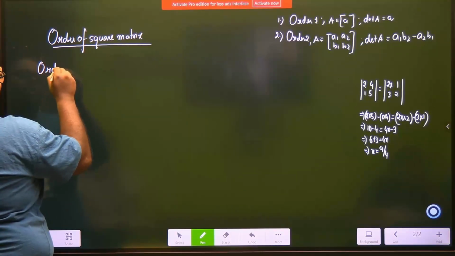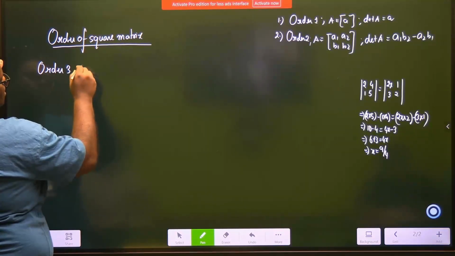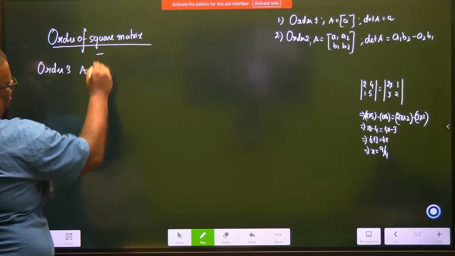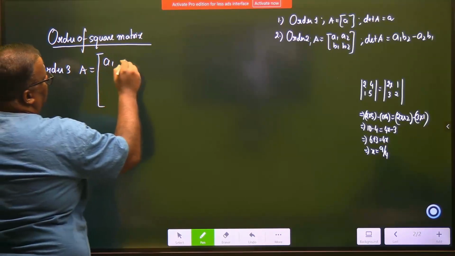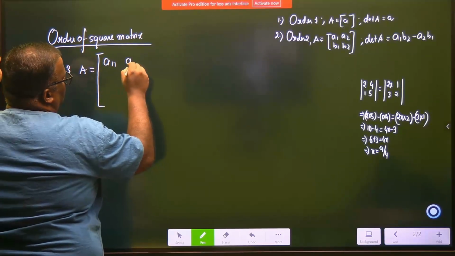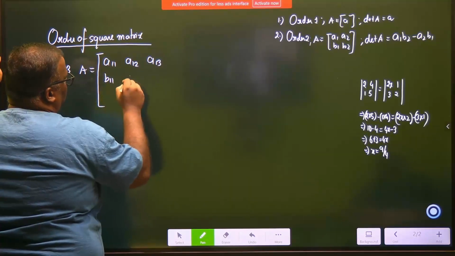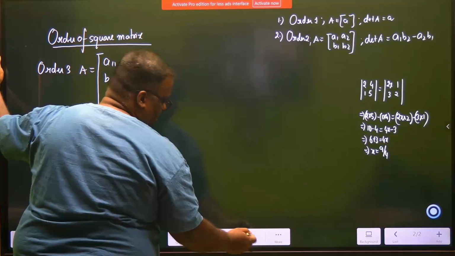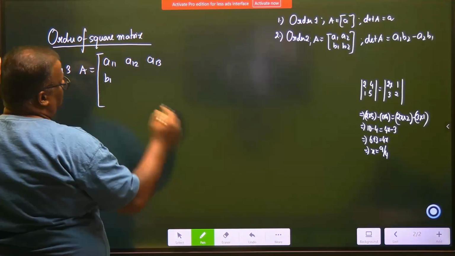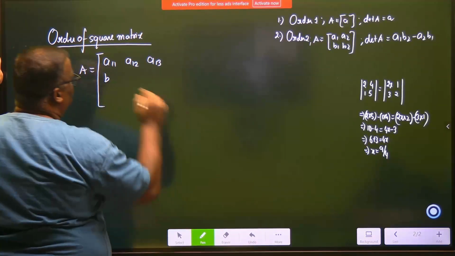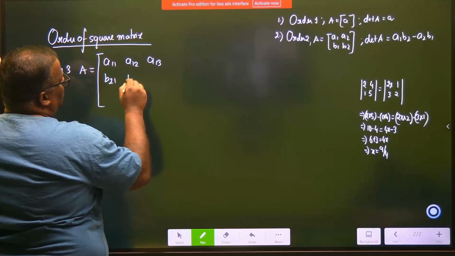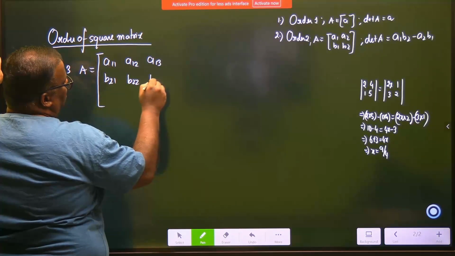Order 3. So A as a matrix will now be A1,1, A1,2, A1,3, then A2,1, A2,2, A2,3, then A3,1 and so on.